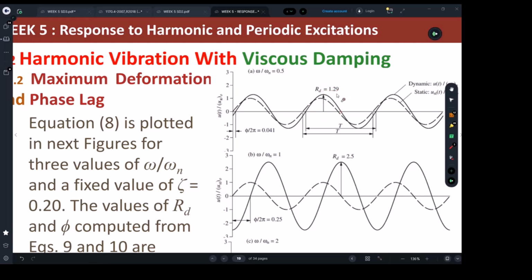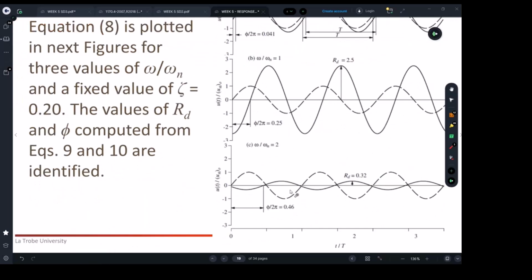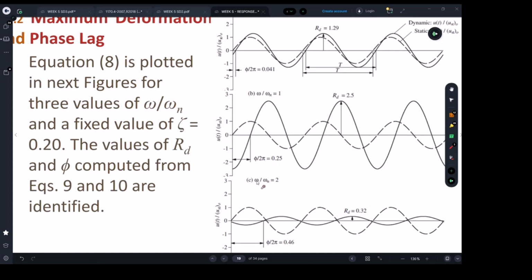RD will amplify the system, but it's only 1.3. The best solution, the most reduced amplification we can get, is when your forcing frequency is actually 2 times the natural frequency, because you don't feel it.